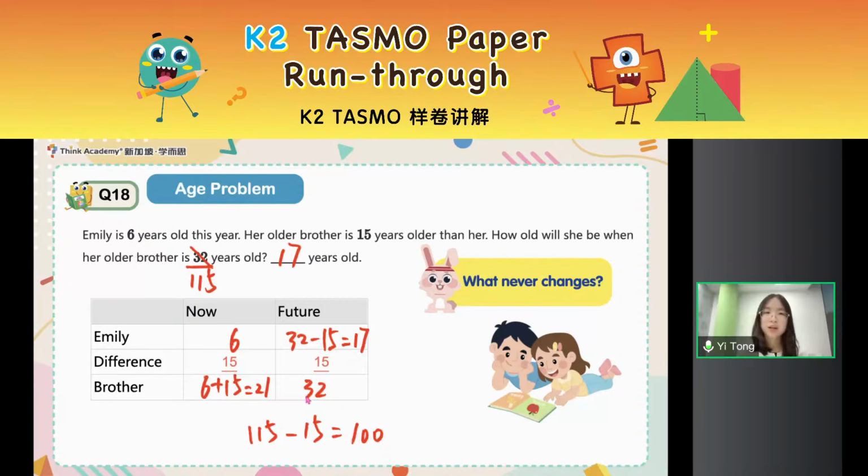No. If we know her brother is 32 in the future, then for Emily, we can just use 32 minus 15 equals 17. So the 21 is actually extra, right? And the 6 is also extra. We don't need to care about how old they are now, as long as we know her brother is 32 in the future, then Emily just minus 15 and we get 17.